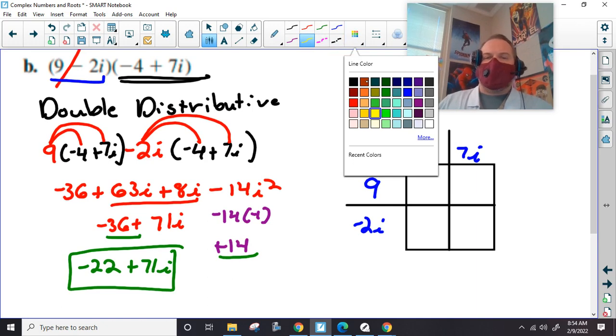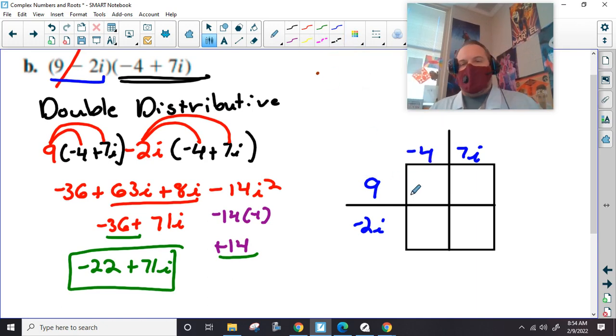When we do this, what goes in the box is what happens after you multiply them. So you're still going to get negative 36. You're still going to get 63i. You're still going to get positive 8i and negative 14i squared.